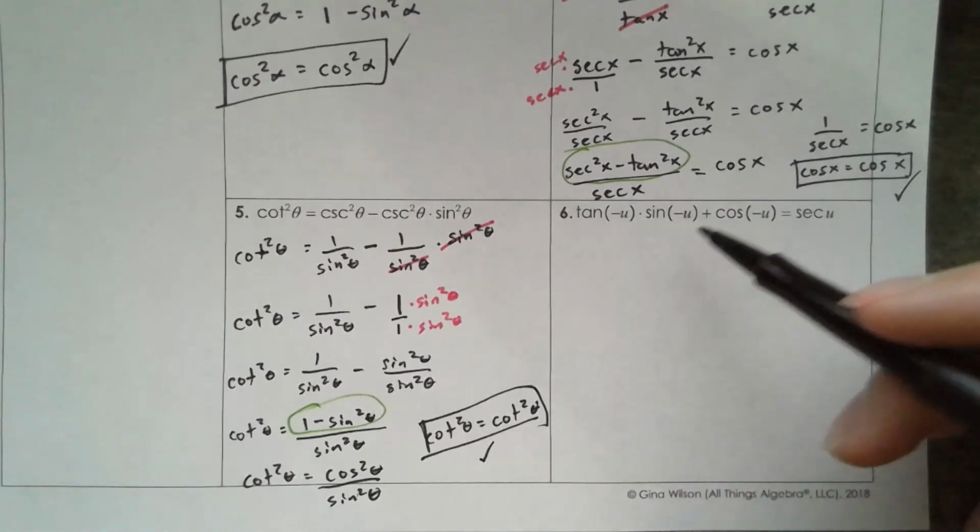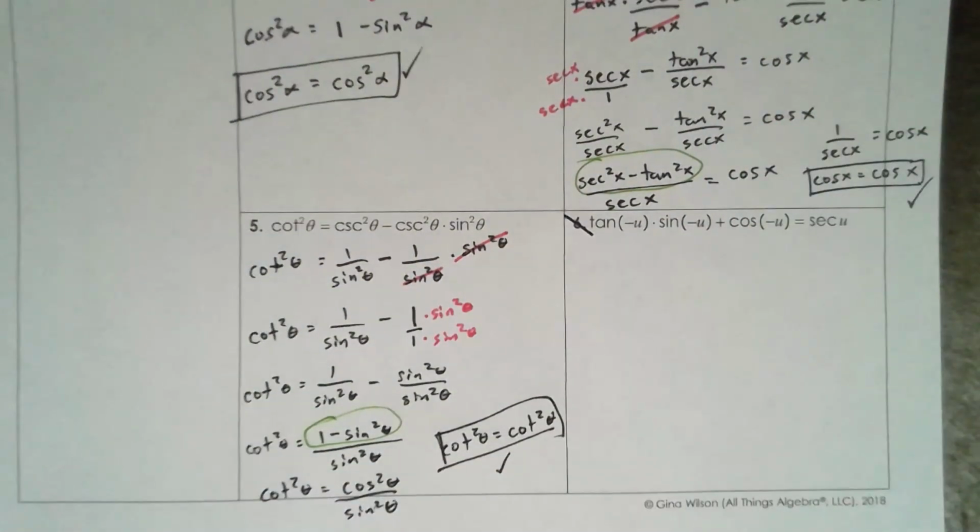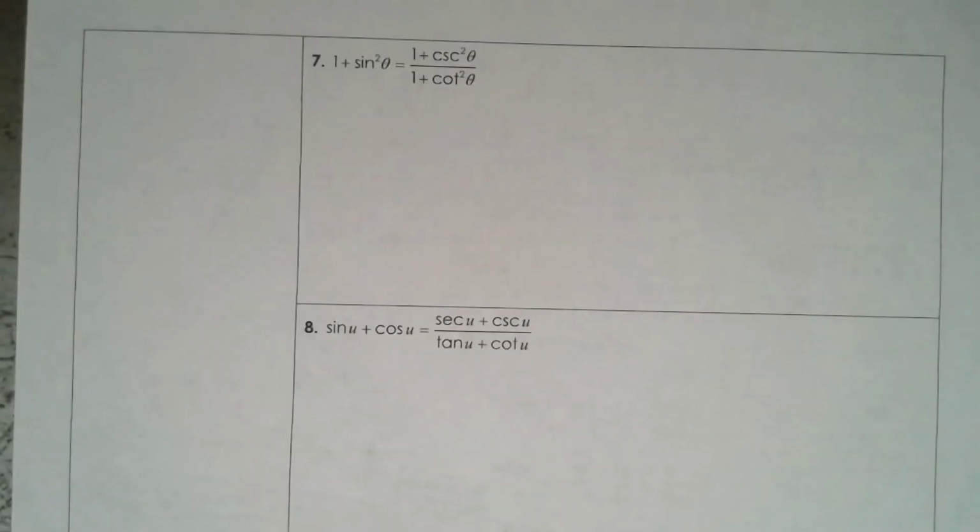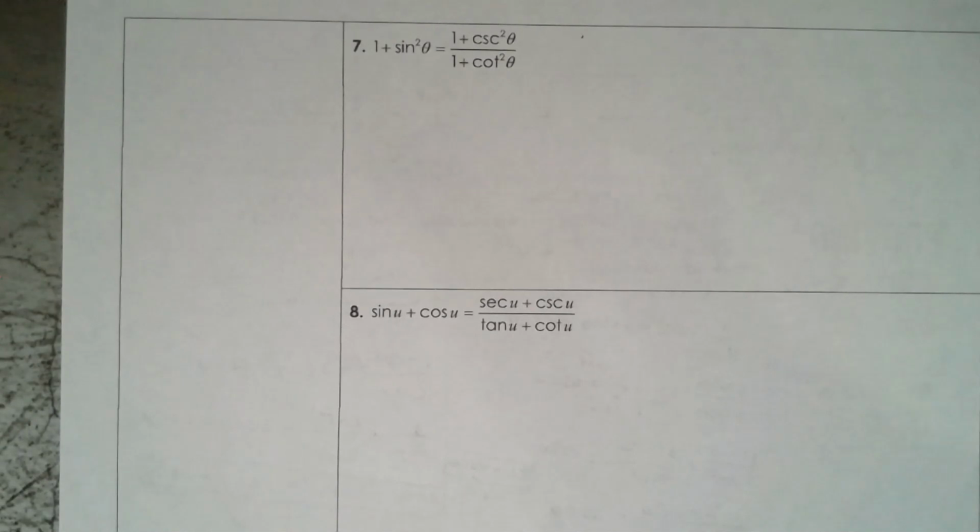Okay, on the page. So for number 7, we have 1 plus sine squared theta is equal to 1 plus cosecant squared theta over 1 plus cotangent squared theta. The right side is the more complicated one. So then, let's see.